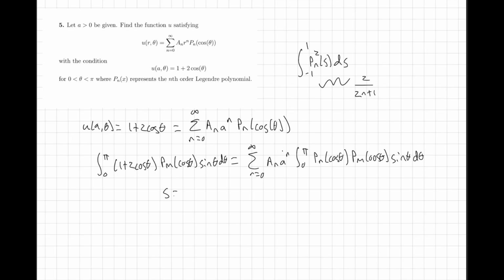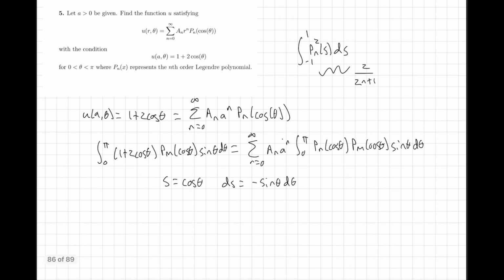We're going to let s equal cosine of theta, and that makes ds equal to negative sine of theta d theta. And using these bounds, cosine of 0 equals 1, cosine of pi equals -1.